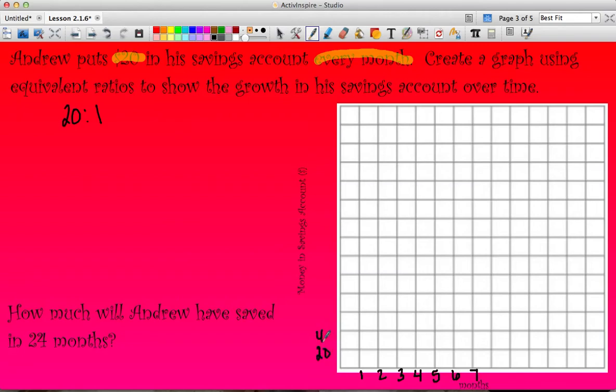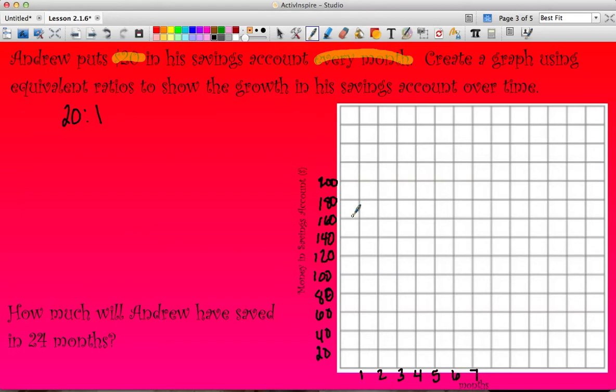So 20, 40, 60, 80, 100, 120, 140, 160, 180, 200. Okay, and I'm going to stop there because at that point we've established that there is a pattern.